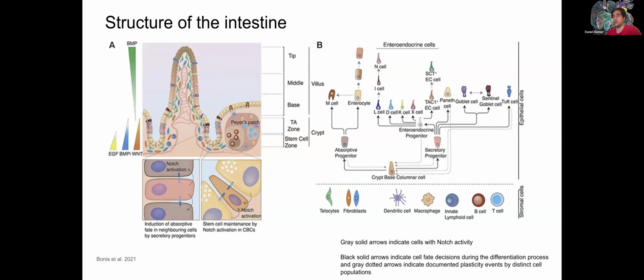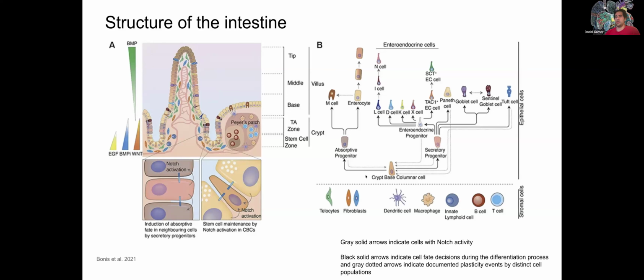M cells interact with the barrier, and then in the secretory progenitor, you have the endocrine progenitor, which differentiates into X, K, D, and L cells, I cells and N cells, EC cells, TAC1 EC cells, SCT EC cells, Paneth cells, goblet cells, sentinel goblet cells that interact with goblet and sentinel goblet cells, and then tuft cells as well. So those are all the different secretory progenitors, and the absorptive one is the M cell from the enterocyte.